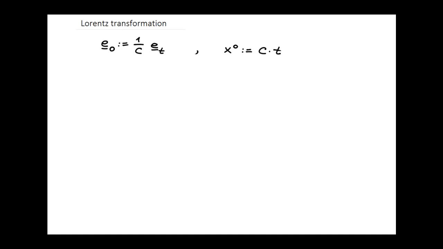And it has the unit of length. Then a 4 vector, so an x curly underline, has 4 components, which I denote by x mu. So this is short for x naught, which is ct, x1, x2, x3. This has the advantage that all 4 components now have the same unit of length, the same physical unit.